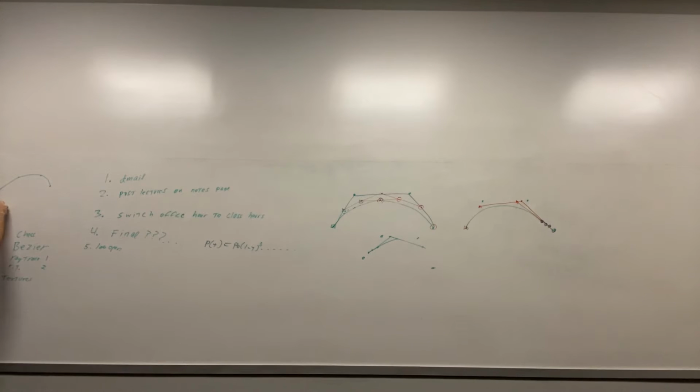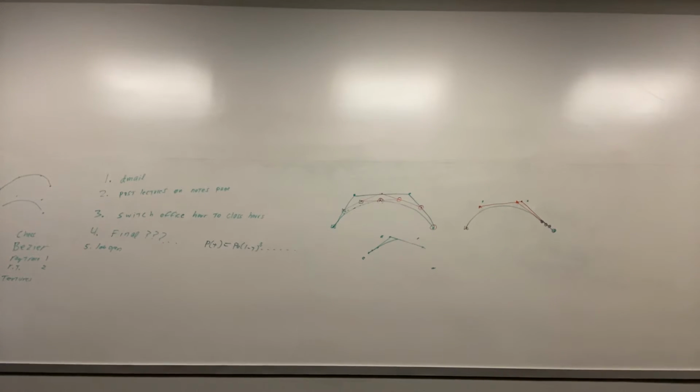Approximate means if they give you some points, they want it to kind of pull toward the points. So a Bezier curve is kind of a mix between the two. It interpolates the first point and the last point and approximates the middle two. That seems to be about the best compromise or mixture for modeling.